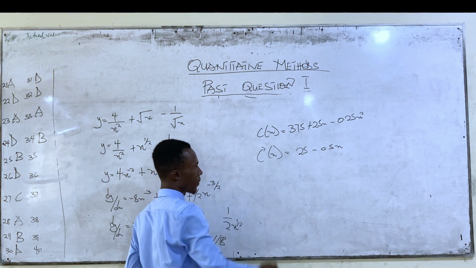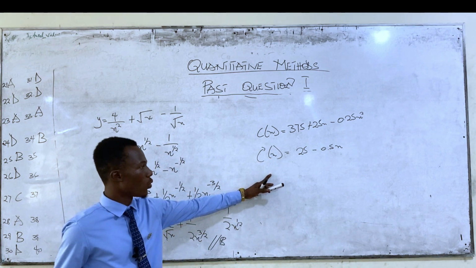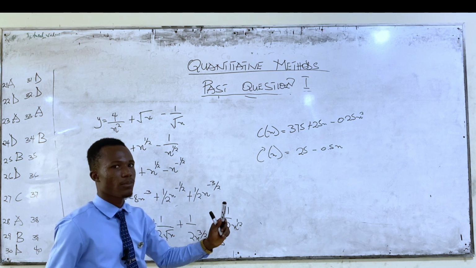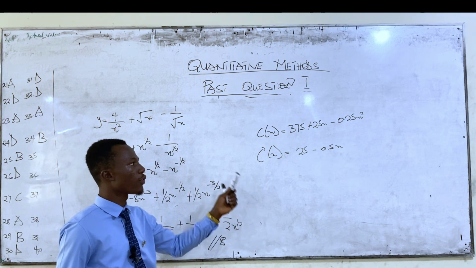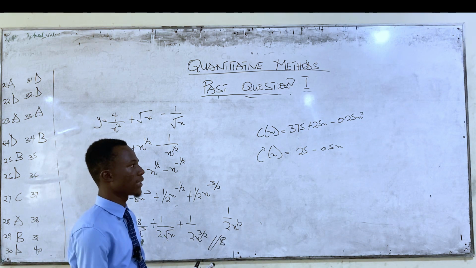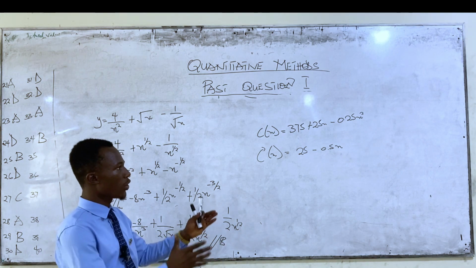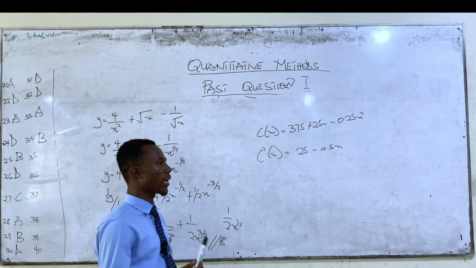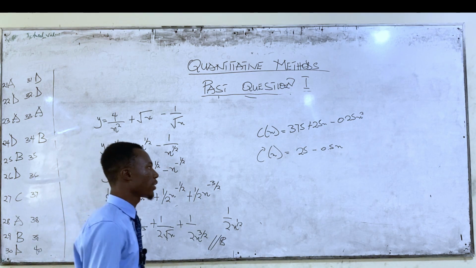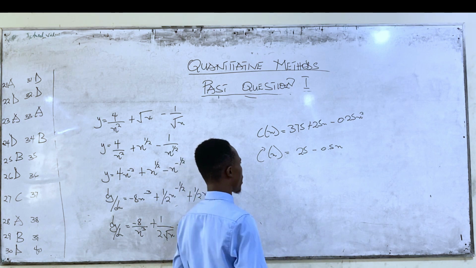Our x here is going to be what? 30, not 31. Our x here is going to be what? 30, not 31. We are looking for the cost, right? In terms of marginal cost. Now, when you get to the marginal cost, that one will tell you that that is the cost you are to incur in order to produce the 31st manipulator.